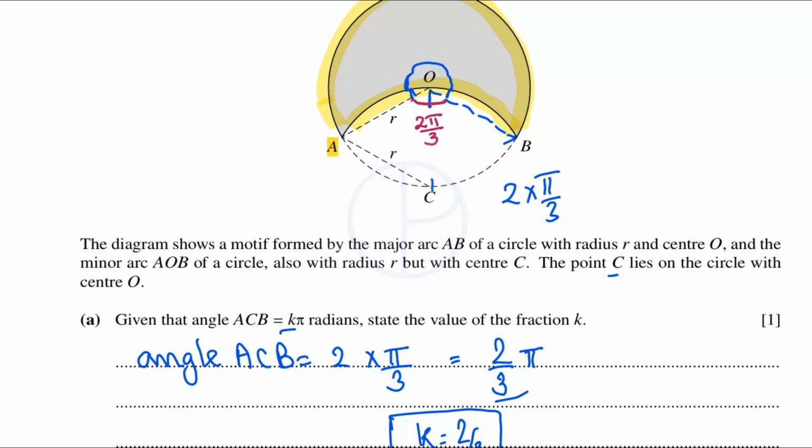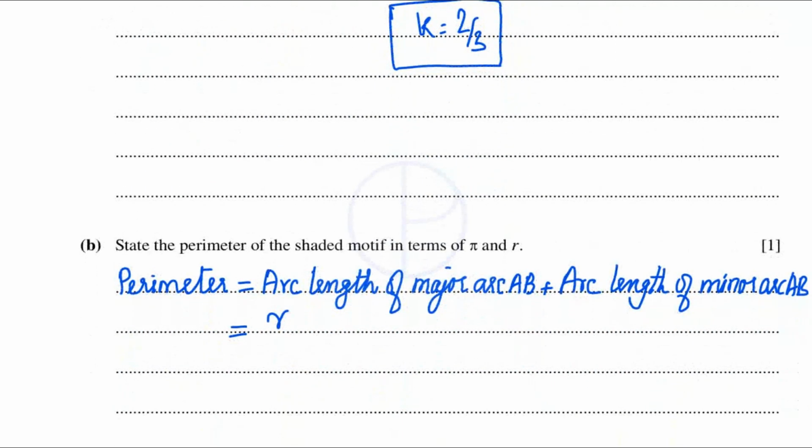So for the major arc, the angle is 2 pi minus 2 pi over 3.